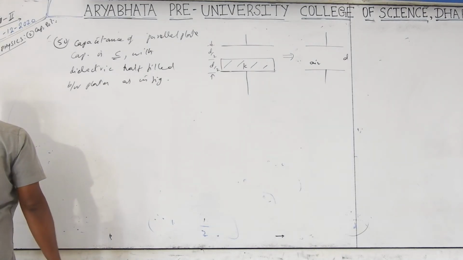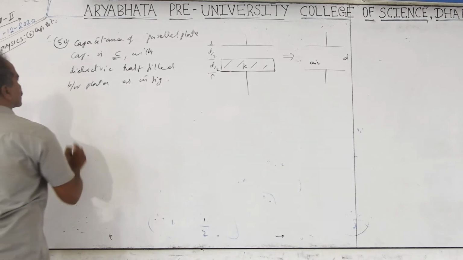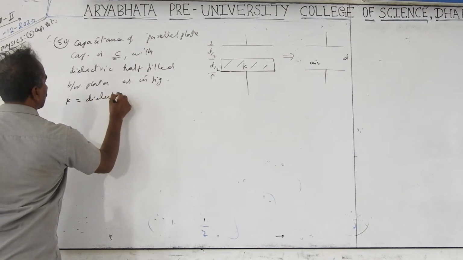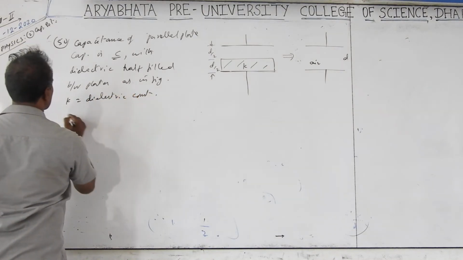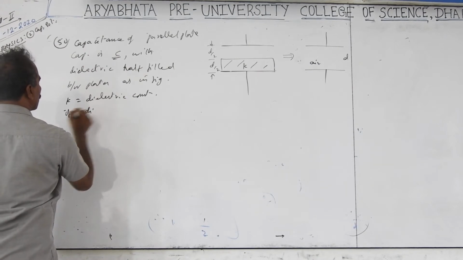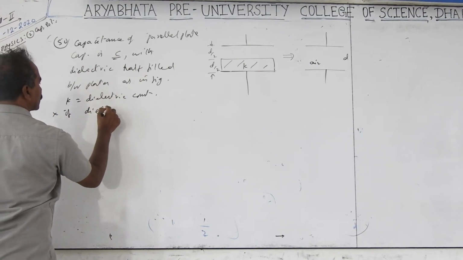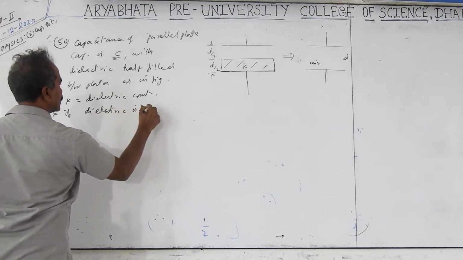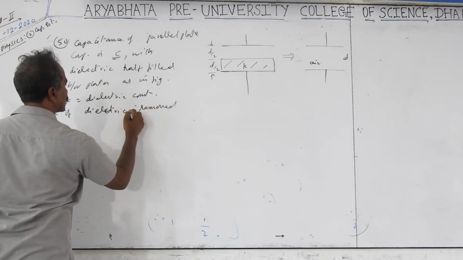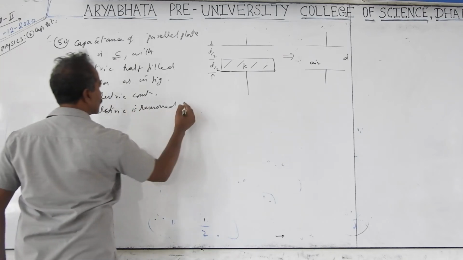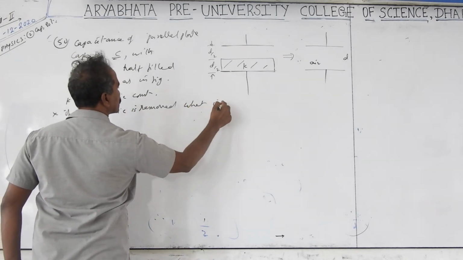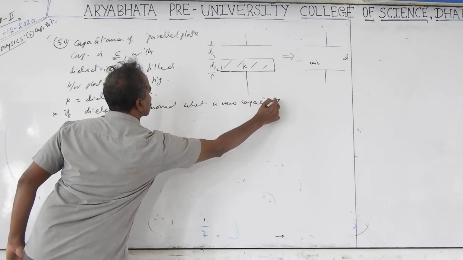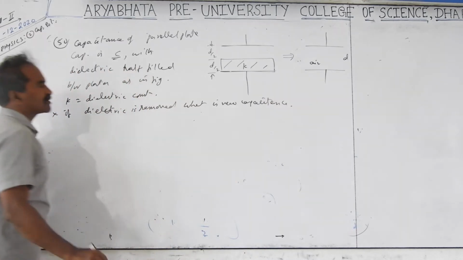If the slab is removed, that means the dielectric is removed, what is the new capacitance?